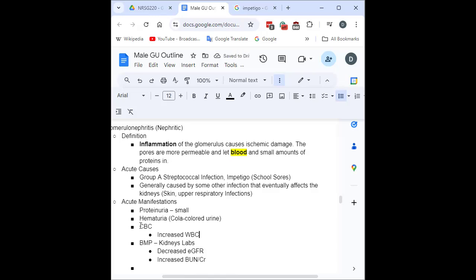So with this one, I wouldn't be surprised if CRP is elevated, but I don't think they specify it here. Maybe it is. Let me double check. But if it's not, it's probably because some of the signs are specific enough that there's no need to do something extra.